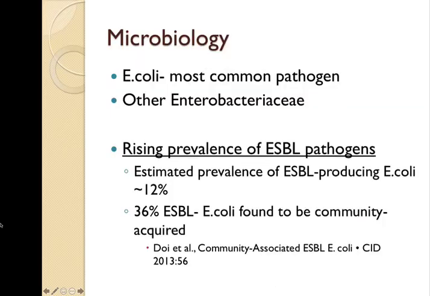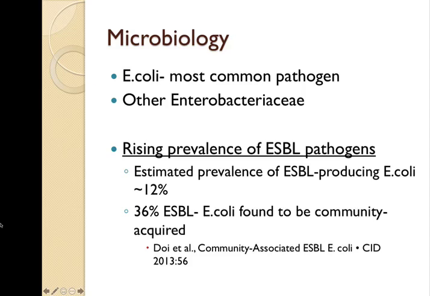Moving next. So that's exactly what I just mentioned about the microbiology. What is important to remember right now is that we're dealing with rising prevalence of ESBL pathogens. And based on the prior literature, the estimated prevalence of ESBL-producing E. coli is about 12%.